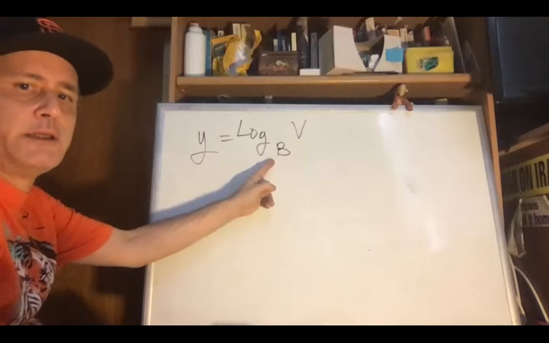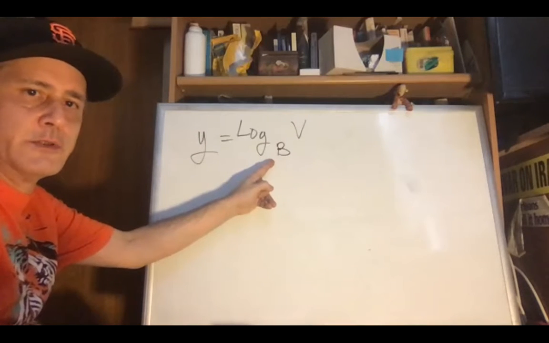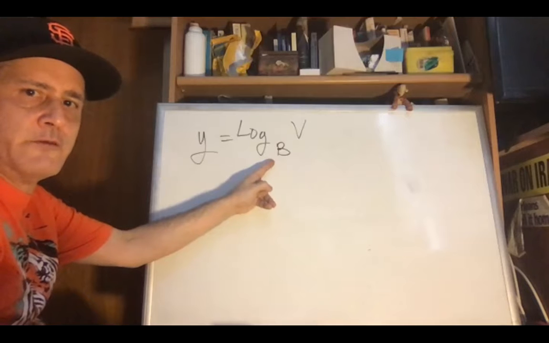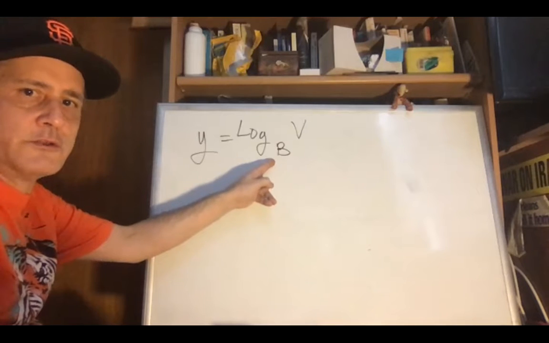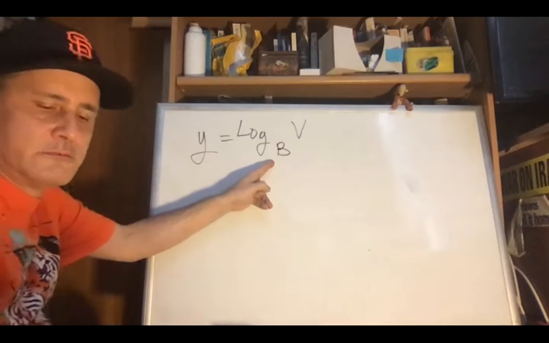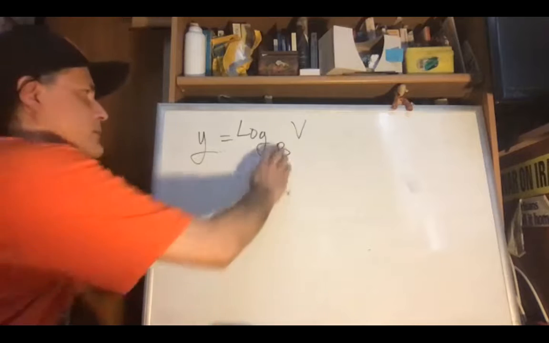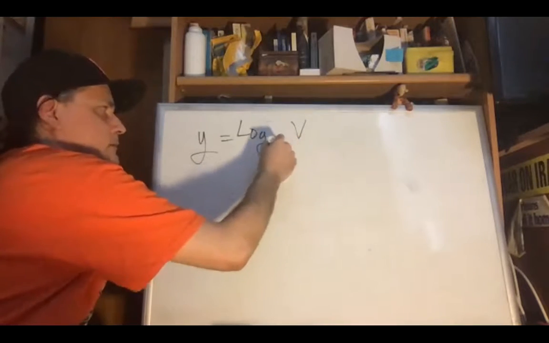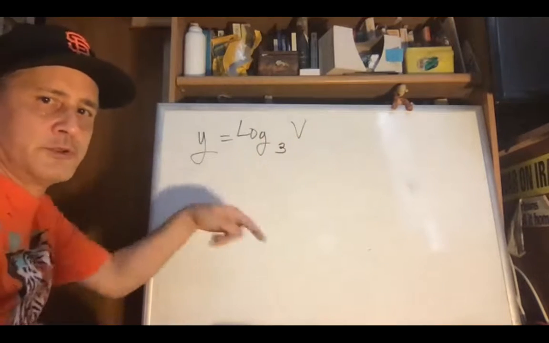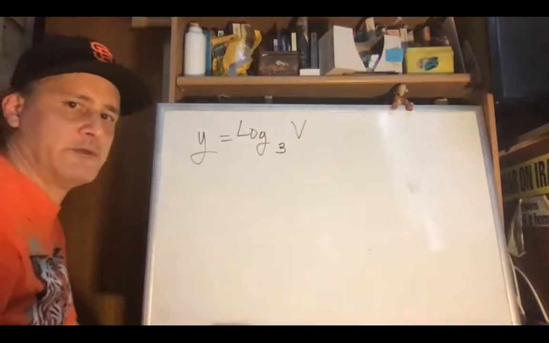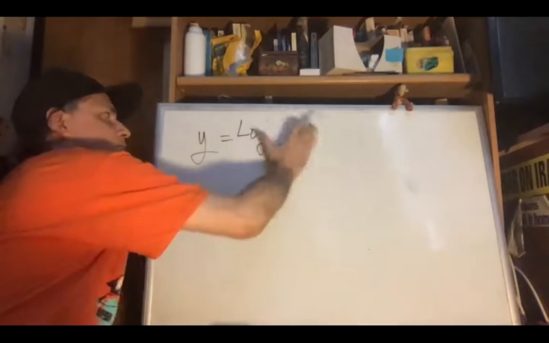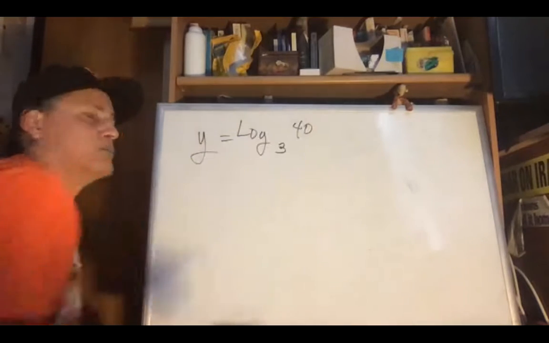What if we wanted to change this to base 10? Since we don't have buttons on our calculator, if we wanted to take a log using a different base, there's no button on our calculator. So if we wanted to use base 3, we can't push a button on our calculator that gives us that base. So if we wanted to find this, we wouldn't be able to do it.